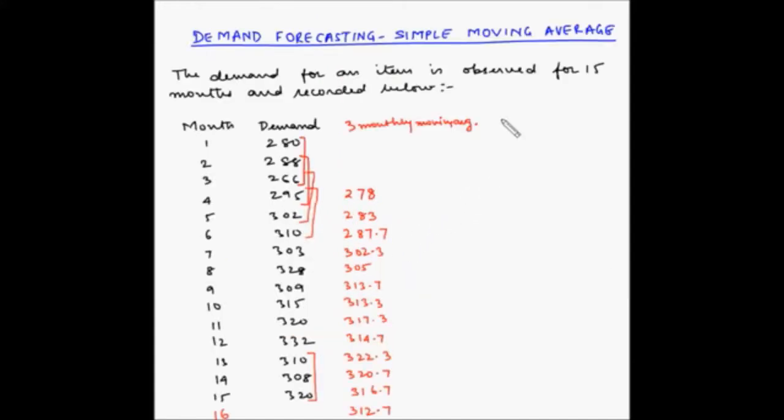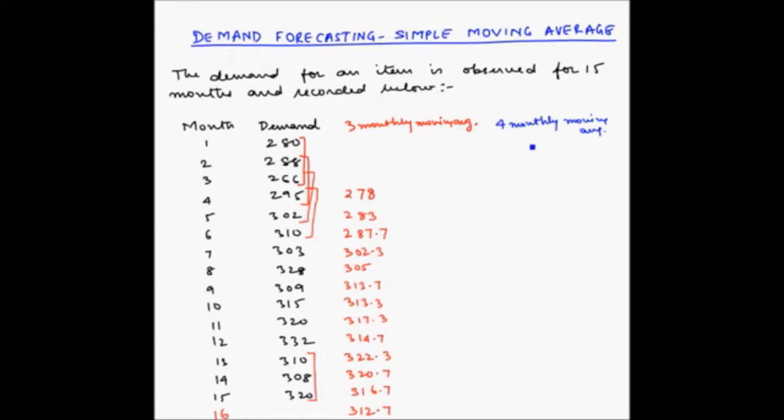Now the next thing we have to do is find out the forecast using the 4 monthly moving average. So here instead of 3 months, we'll take 4 months to find out the forecast for the next month.